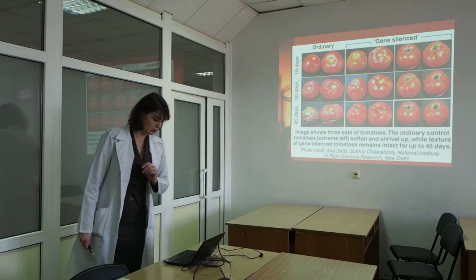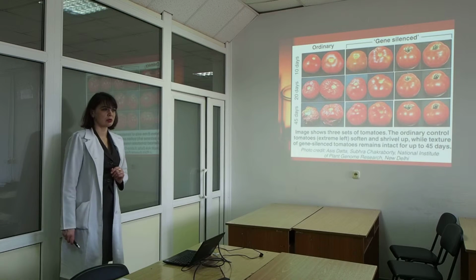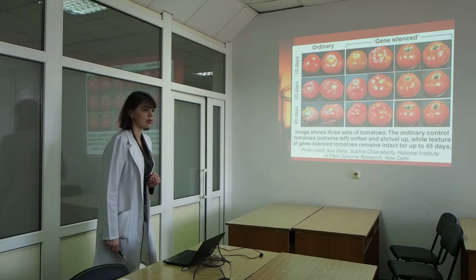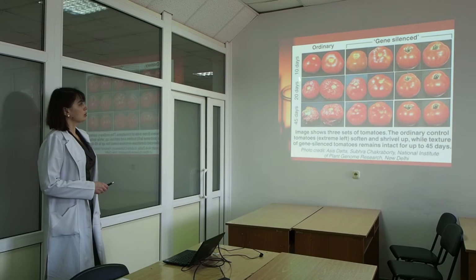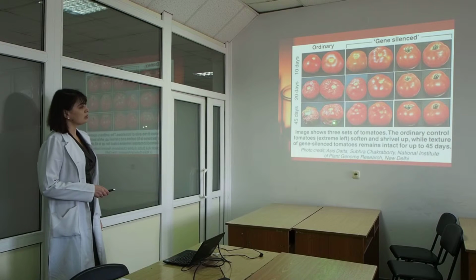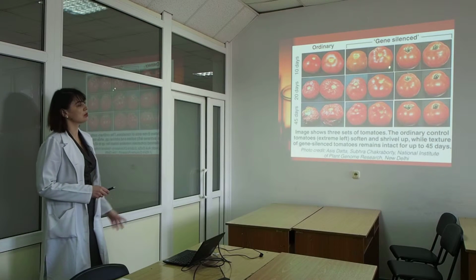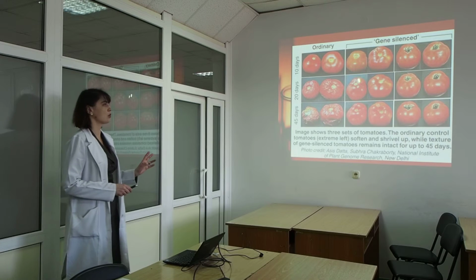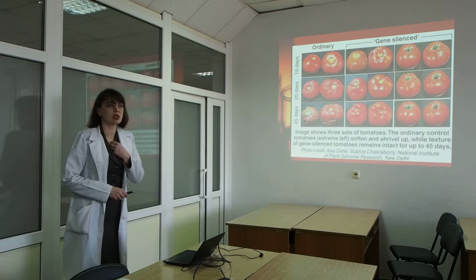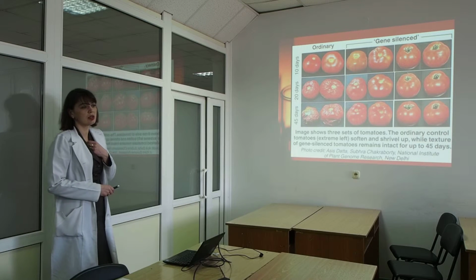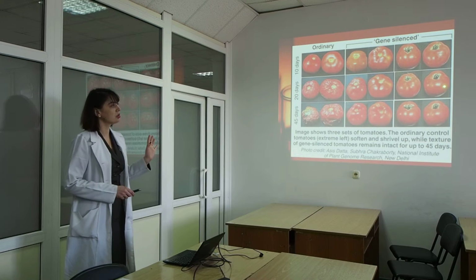So this is what you can see. This is our example with tomato. You see the ordinary tomato after 20 days, after 45 days, and the genetically modified tomato with gene silenced with two approaches. Silence of genes which are responsible for rotting, and second, add genes of jellyfish, which is also done to keep these tomatoes nice.